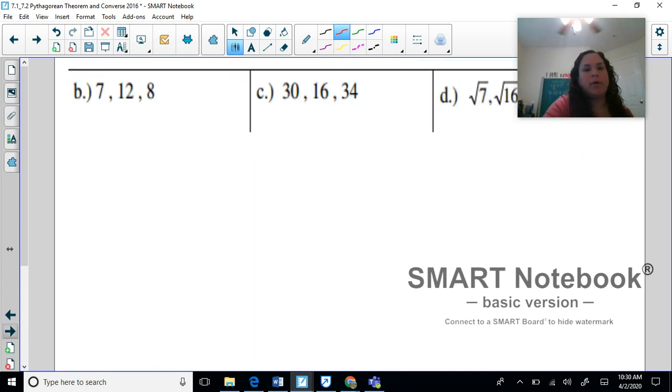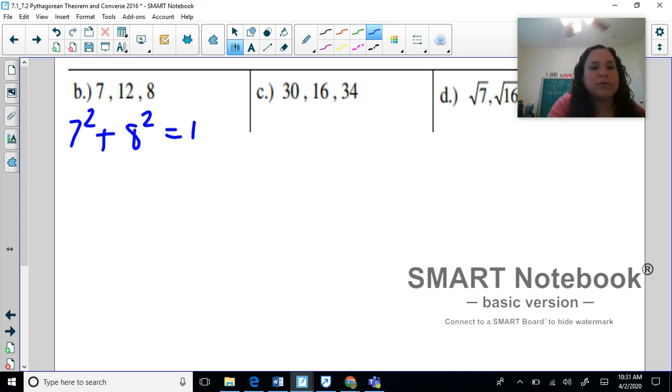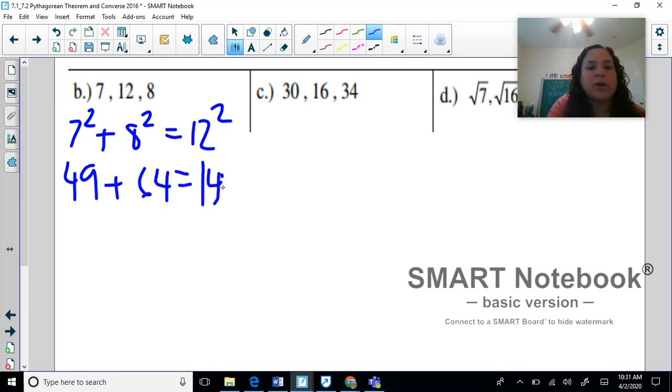Let's try part B. In part B, we have the 12 is going to be our C. So let's see, 7 squared plus 8 squared equals 12 squared. We're just checking. 7 squared is 49. 8 squared is 64. 12 squared is 144.